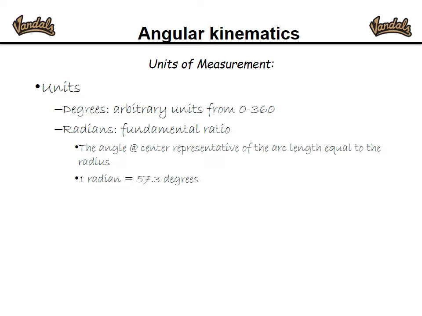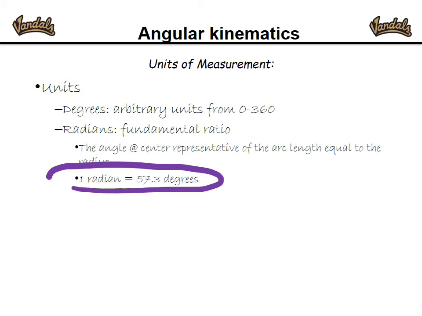We'll talk about how to calculate what it means, but it's the angle at the center representative of the arc length equal to the radius. You will need to know, and this is a very important concept here, 1 radian equals 57.3 degrees. You're going to need to know this when we convert to the linear application, because we're going to radians.